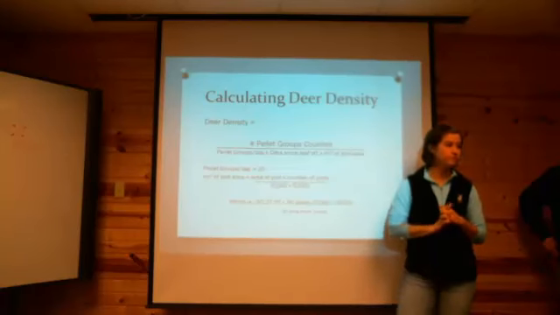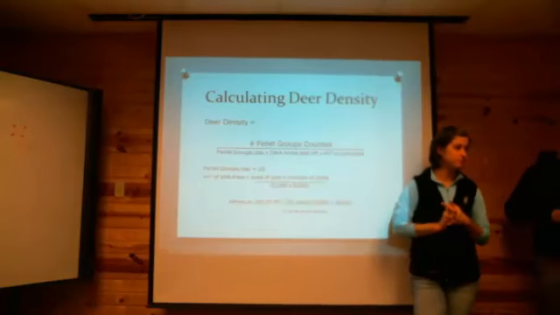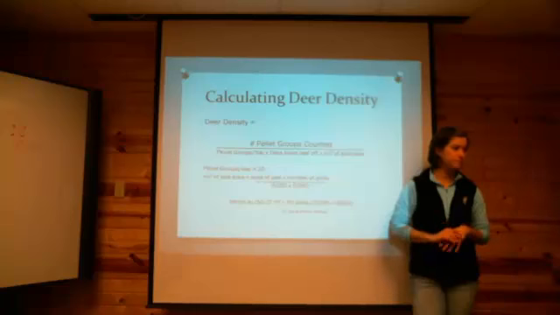I have a question in regards to the pellet counts, and this is over the wintering time. Obviously we all know that deer move to more thermal areas, which can not give you a more accurate deer density during the fawning time, the summer, and also hunting time.